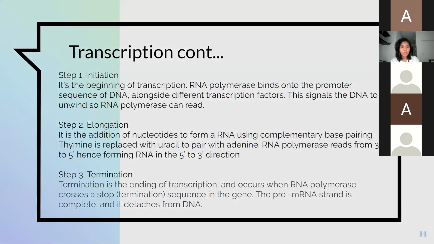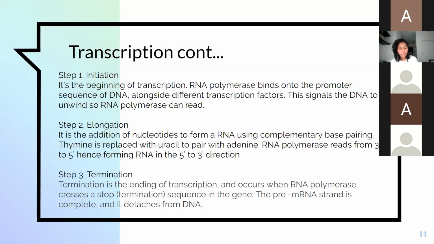So with transcription, we have 3 steps. Our first step is initiation. In the beginning of transcription, to initiate the whole process, RNA polymerase needs to bind to what we call a promoter. Every gene has a sequence called a promoter where RNA polymerase has to bind.